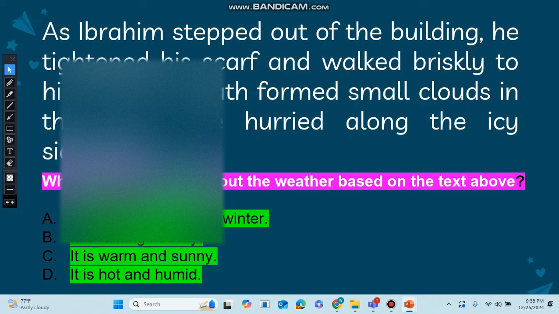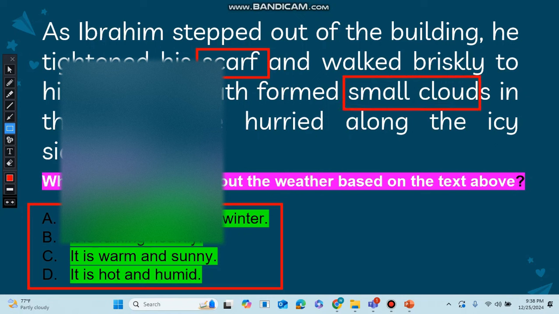If you look at this question, this kind of information about weather is not directly stated, and all of the options with these words are not stated anyway. However, we can use words like the scarf. We know in which weather scarves are used, and when we form small clouds while breathing, and also the icy sidewalk.